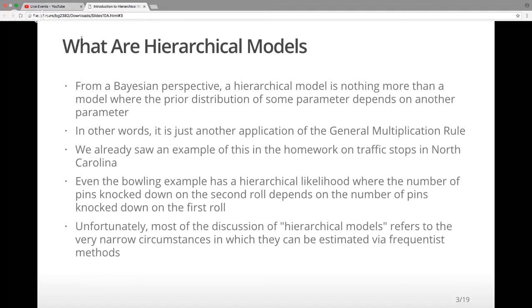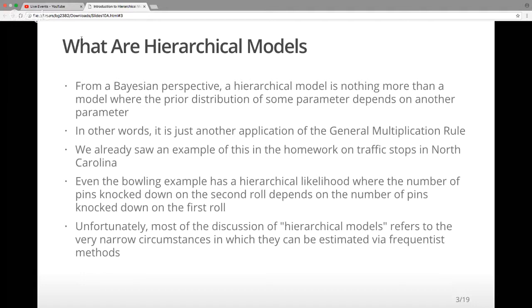So from that perspective, it's just another application of the general multiplication rule, where your prior on some parameter is written conditional on another parameter, and that other parameter has a marginal or a conditional prior, and you multiply all those together, you get a joint prior distribution for all of the unknowns. And we already have seen an example of this, actually several of them over the course of the semester, even if we didn't explicitly talk about them as being hierarchical models as such at the time.